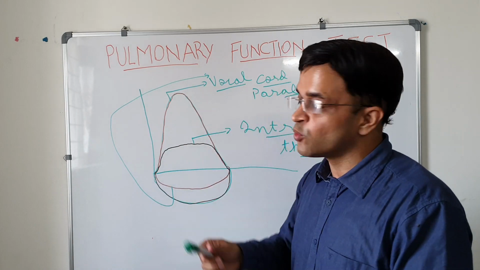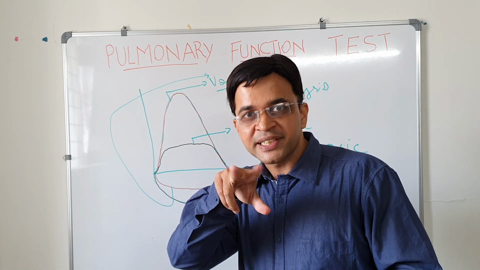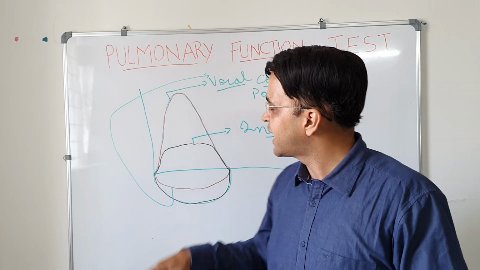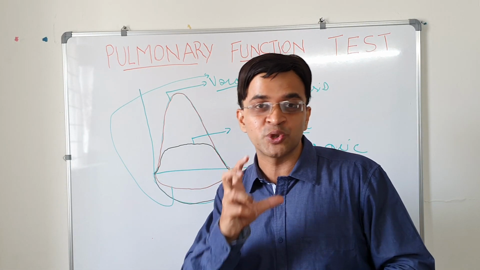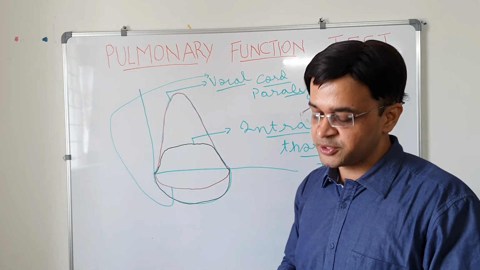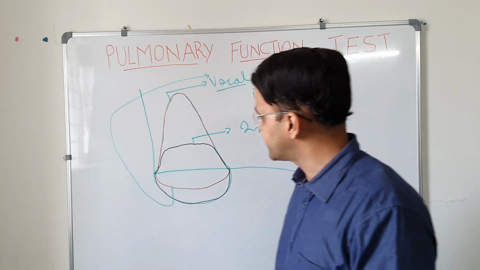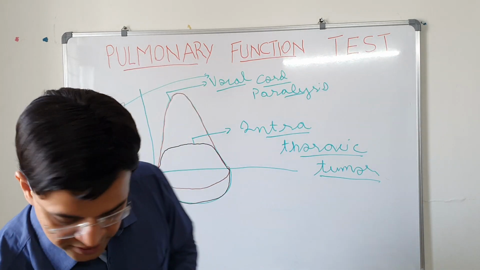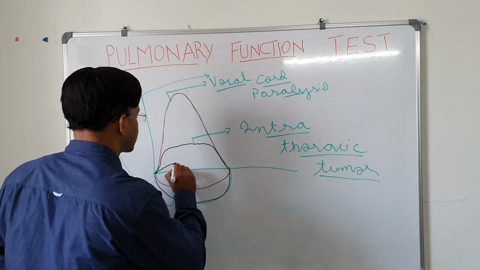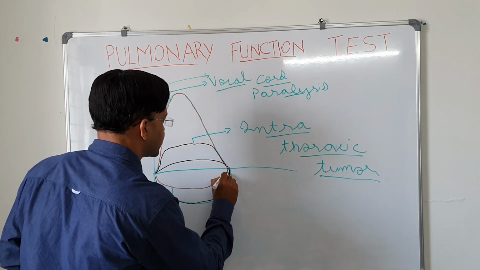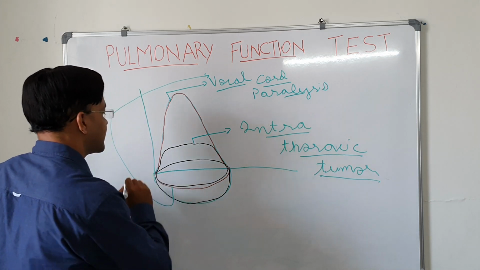Vocal cords move with expiration and inspiration. They make way. But in case of some fixed large tumor, it's going to compromise both inspiration and expiration. So in that case, we are going to get a kind of blunting of both inspiration and expiration.